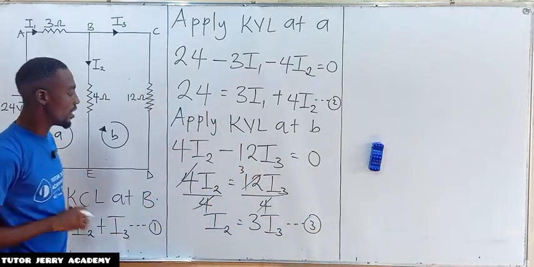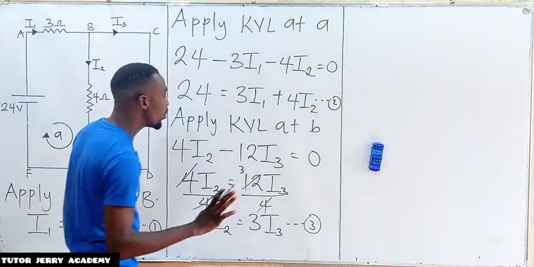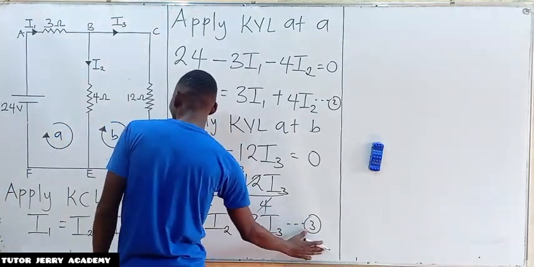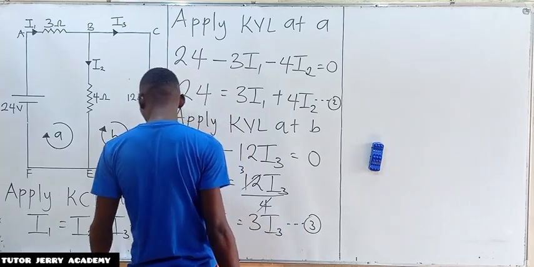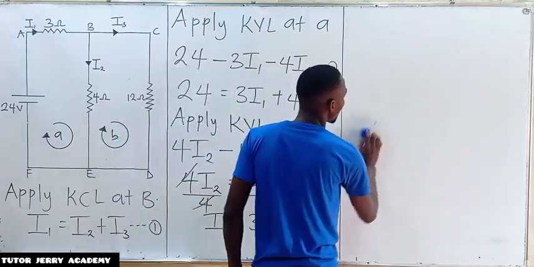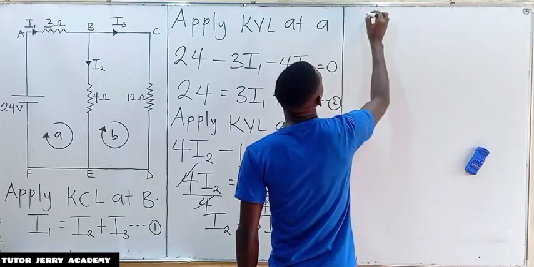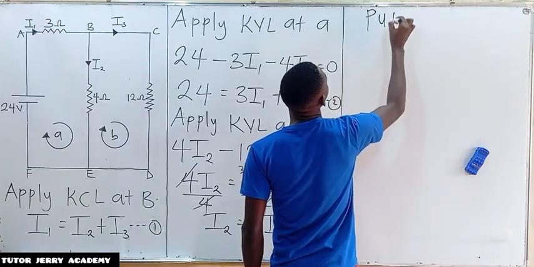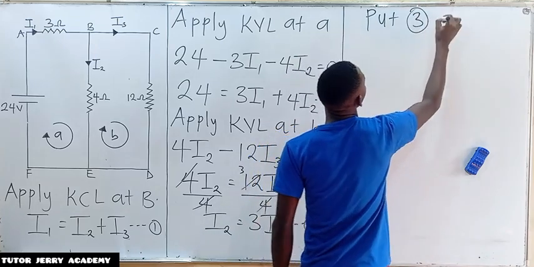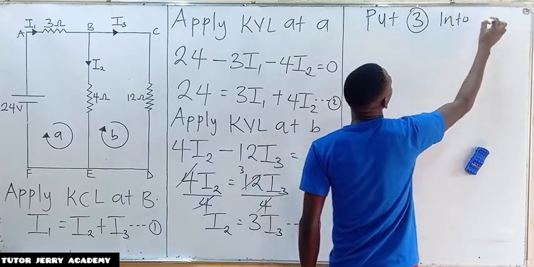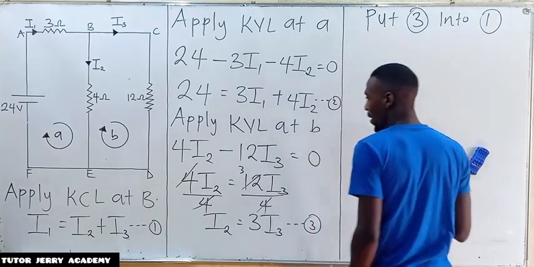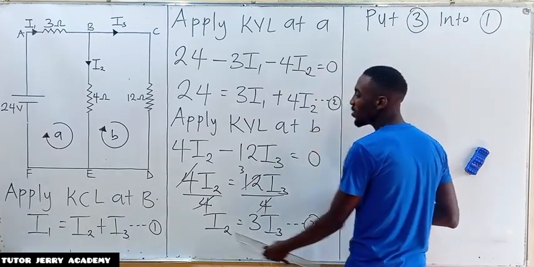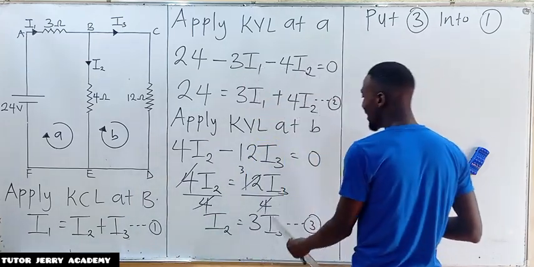Now what we are going to do is substitute equation number 3 in equation number 1. So anywhere we see I2 in equation 1, we are going to replace it with 3I3.